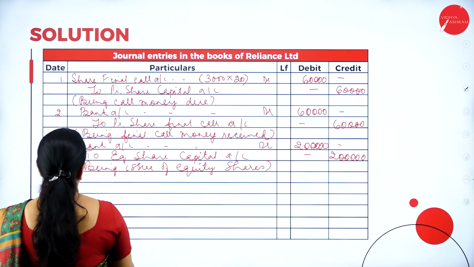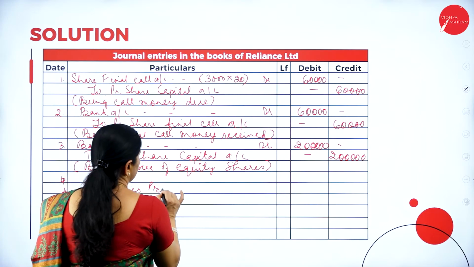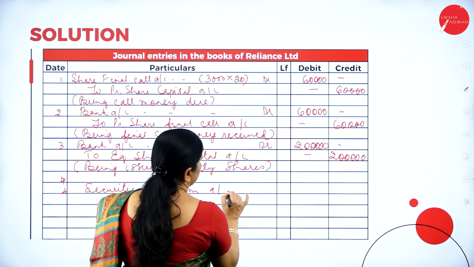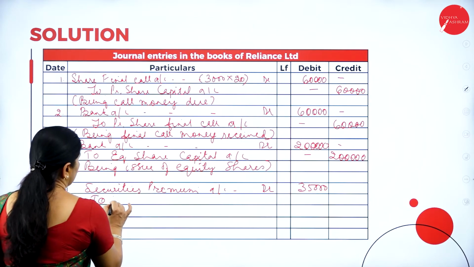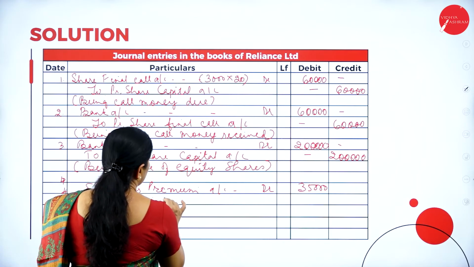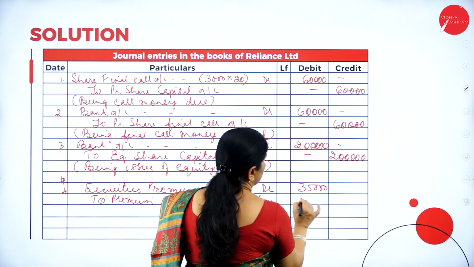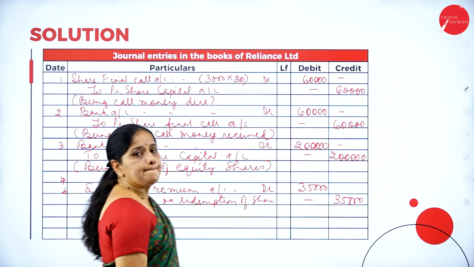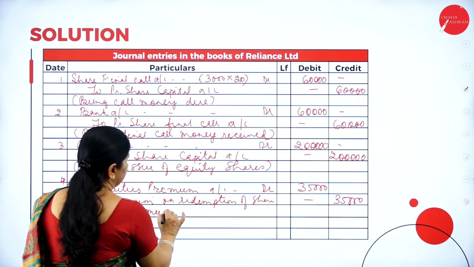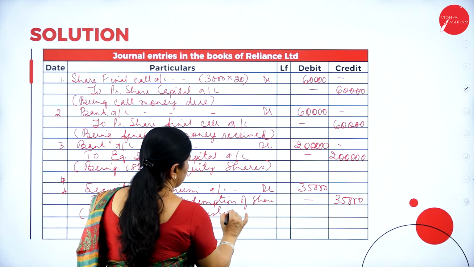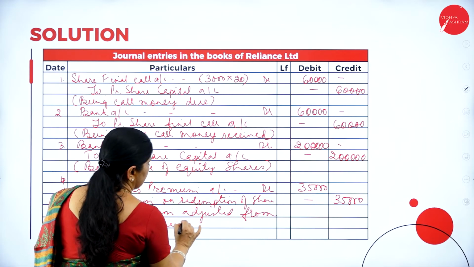So, the fourth one will be securities premium account debtor 35,000 to premium on redemption of shares. 35,000 being premium money adjusted from securities premium account.